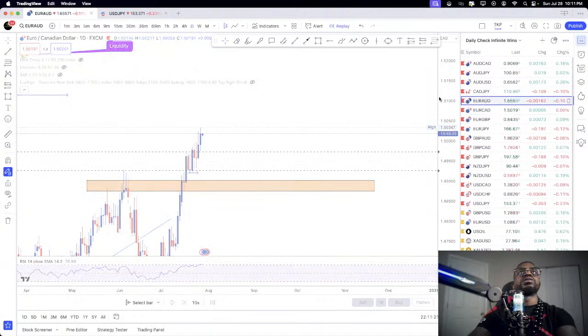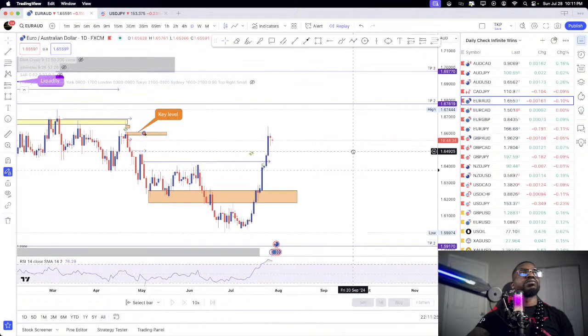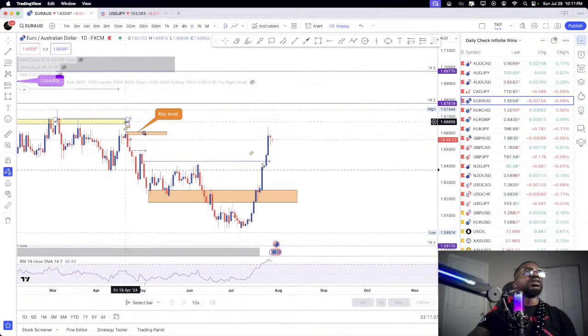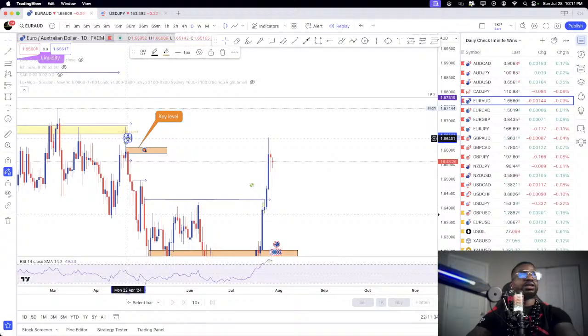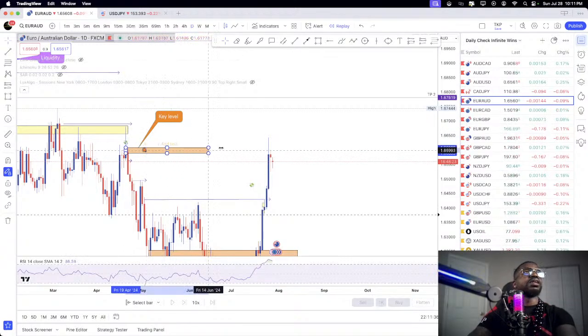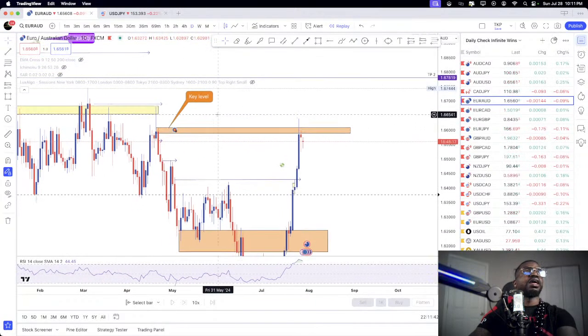All right, cool. It looks like we're almost done. Oh yeah, we already got this set up. Euro AUD and Euro JPY, we need to take a look at that during London. Because right now, this thing is definitely in one of our sell zones. It actually just hit our sell zone and we got a nice rejection from that level.